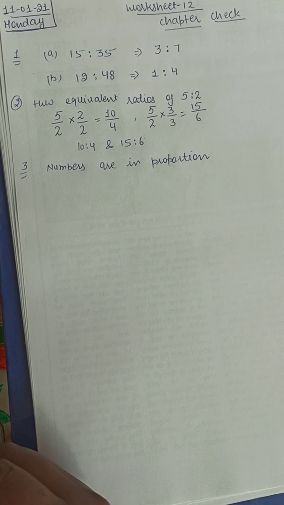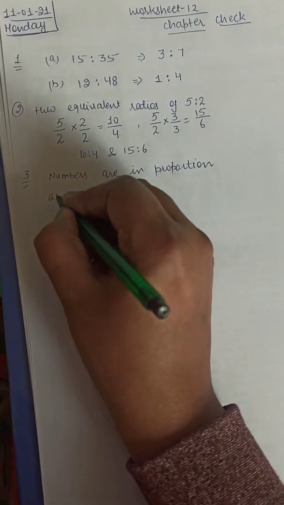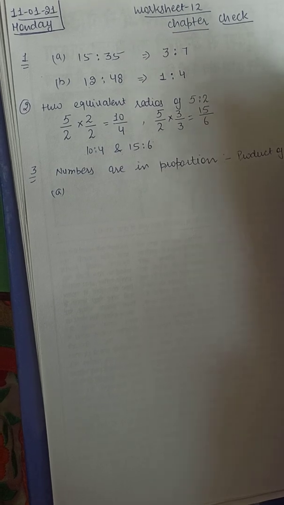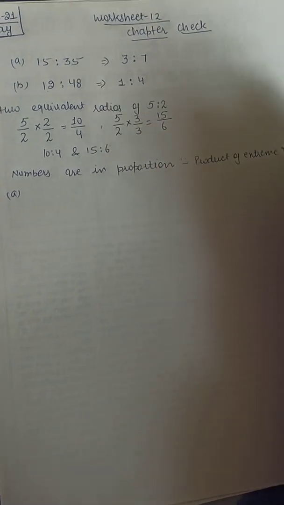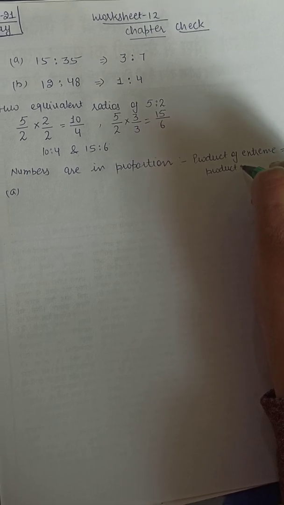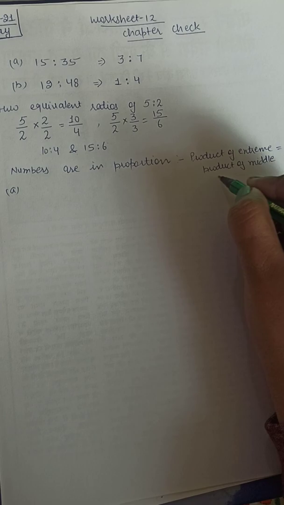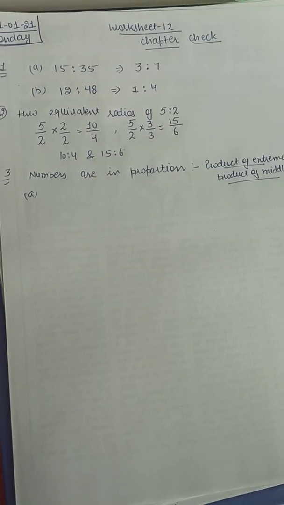For the proportion, the condition I am writing here: product of extreme is equal to the product of middle terms, right?